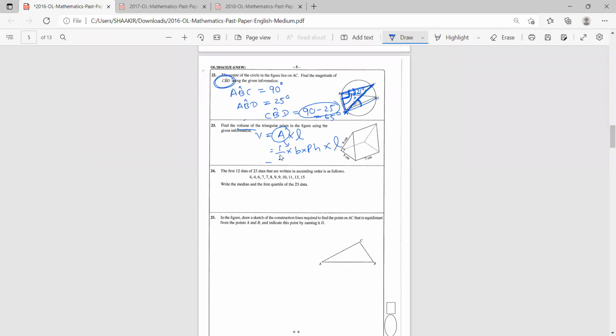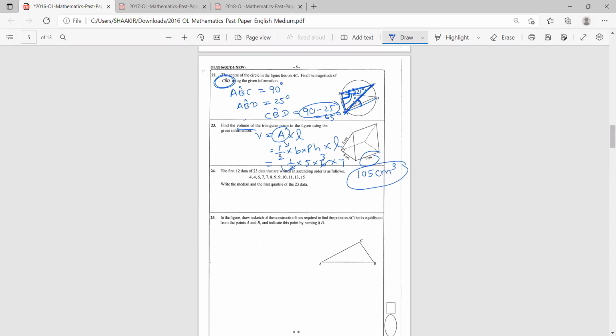So half, base is, children, 5, and the perpendicular height is 6. And the length is 7. Now let's simplify here 1 time, here 3 times. 5 into 3 is 15. 15 multiplied by 7, children, you will get 105 centimeter cube.